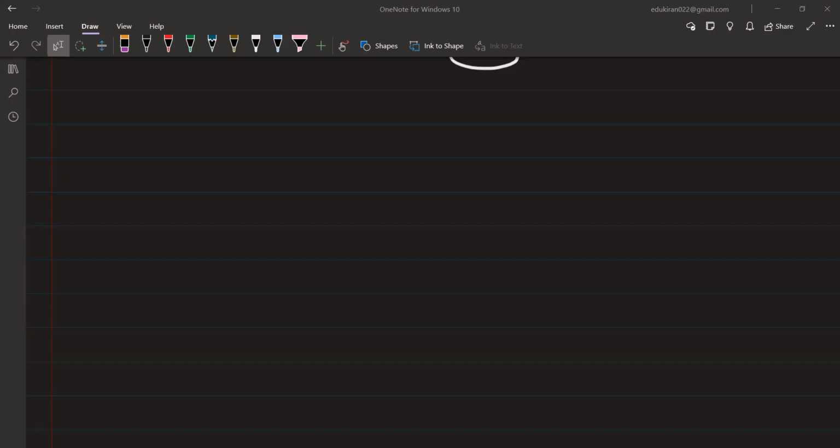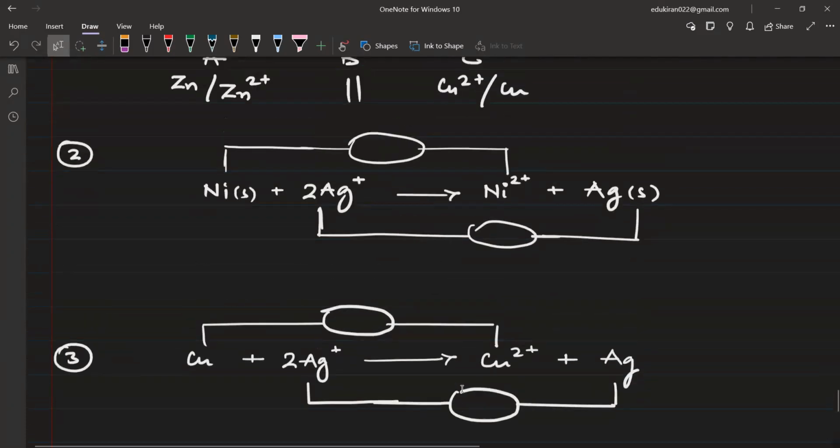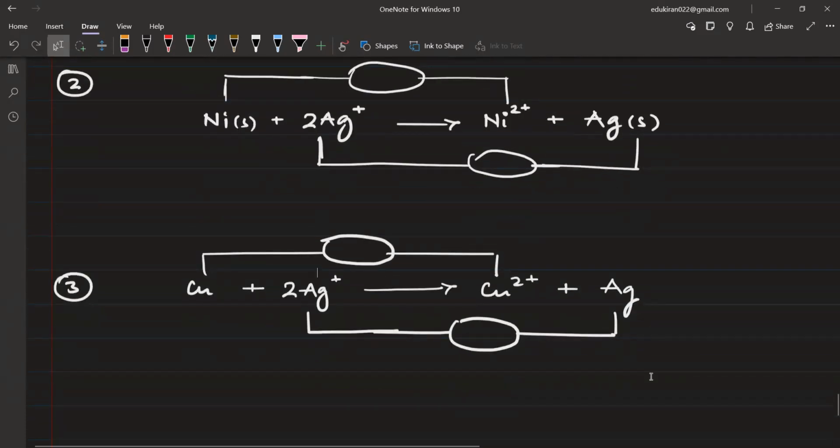Hanifa, for the second one, why are you saying reduction is happening there? Can you please turn the mic on? How do you identify whether something is oxidizing or getting reduced? What do you look at? Loss of electrons.